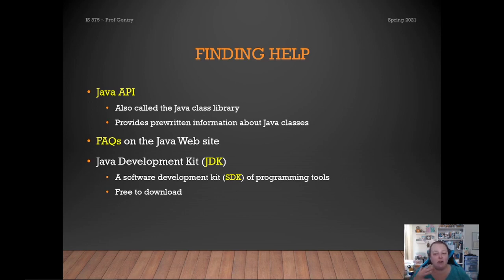It's going to give you information like the functionality, what arguments are needed for what methods, what kind of variables are located in objects, and how they work. There's a lot of great information in there. We'll go through it in the coming weeks. FAQs can be found on the Java website, and the Java JDK and SDK also have a whole bunch of tools with help in them.